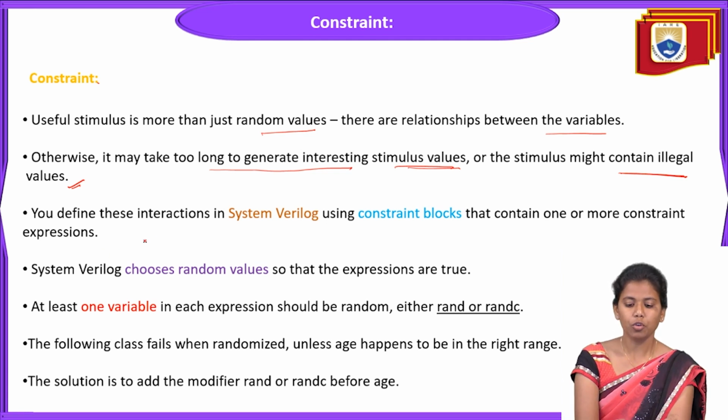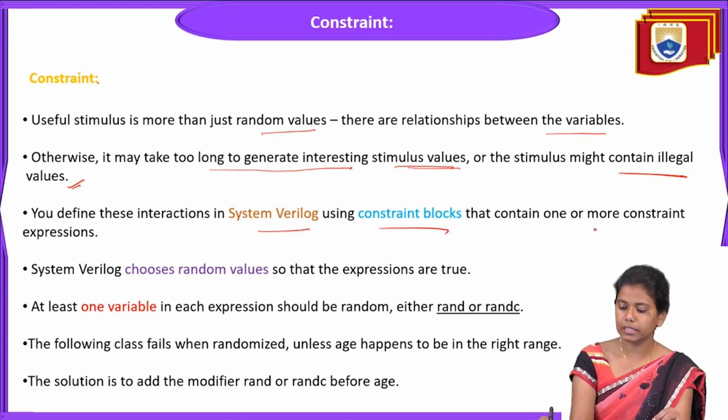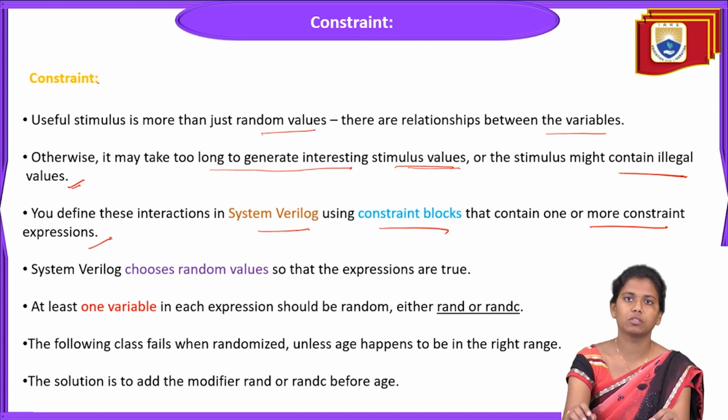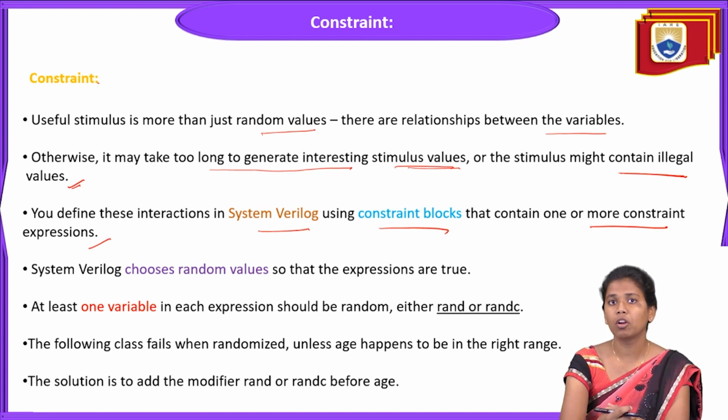Then you define these interactions in SystemVerilog using a constraint block that contains one or more constraint expressions. We know that Verilog is a hardware description language, where we have different libraries. These libraries contain different variables, sets of variables, and groups of constraints.